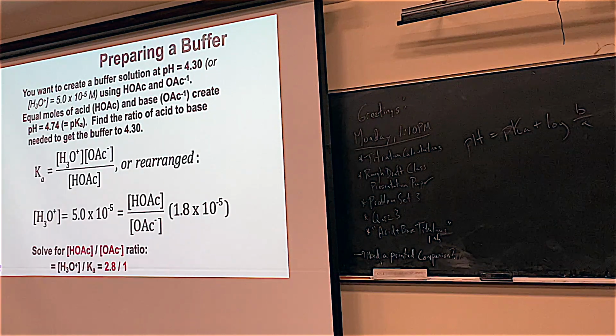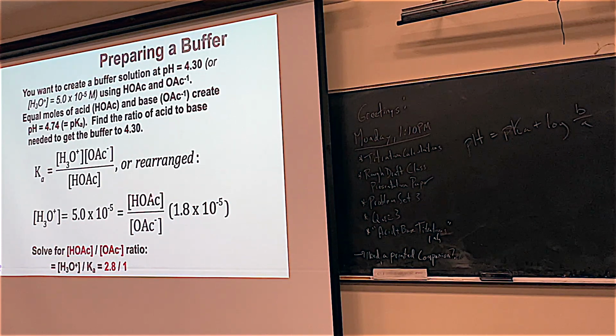How much more acid relative to base? Excellent question. What you can do is set Ka equals hydronium times conjugate base divided by acetic acid. And if you rearrange this for hydronium, you get hydronium, which is this number, which is what we want, equals acid over base times Ka. So this is the ratio that we're looking for.